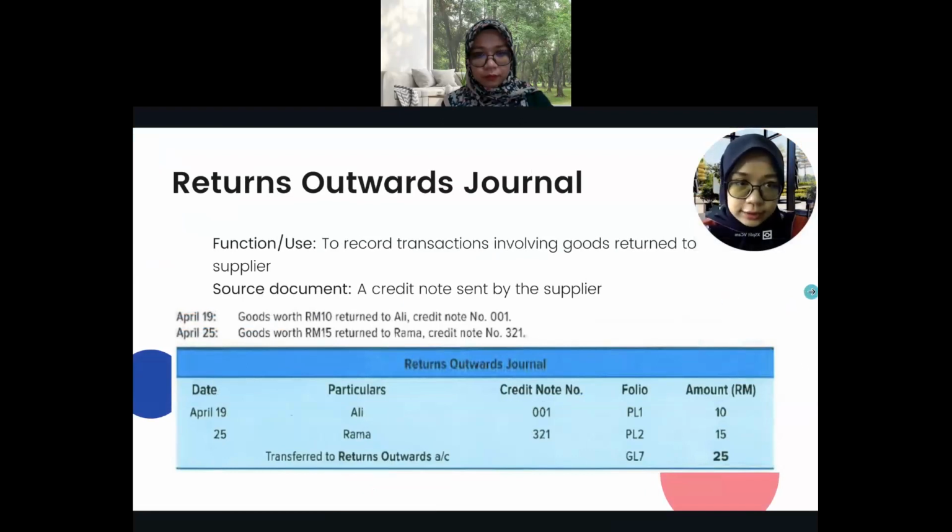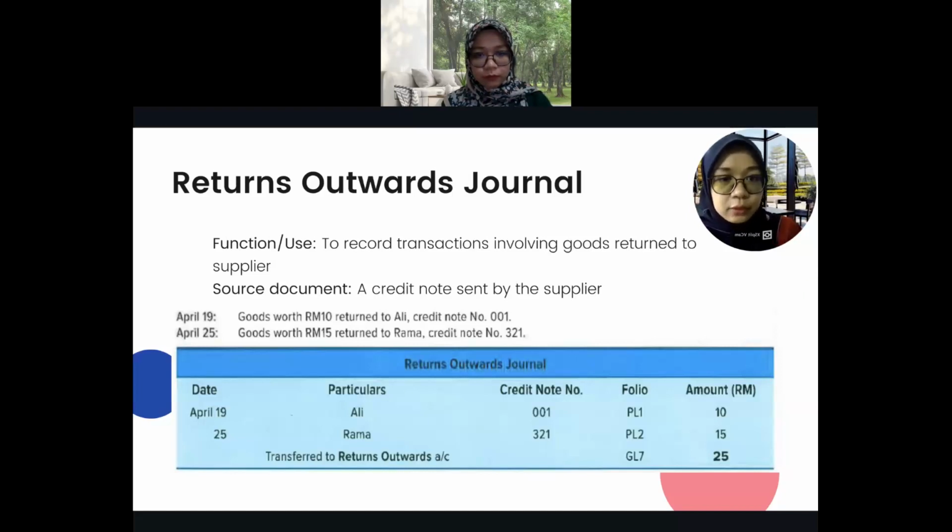The next journal is the returns outwards journal, used to record transactions involving goods returned to suppliers. The source document should be a credit note, a credit note sent by the supplier to the business. For example, goods worth 10 ringgit returned to Ali, and goods worth 15 ringgit returned to Rama.